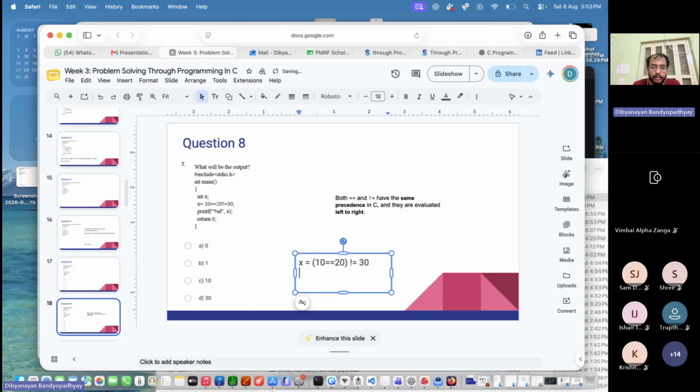So what is the value of this part, 10 equal to 20? It is not equal, so it is basically 0, right? Because 10 equal to 20 is false, and false means 0 in C. So 0 not equal to 30. It is true, right? True means 1. So x equal to 1. So B is the final answer.